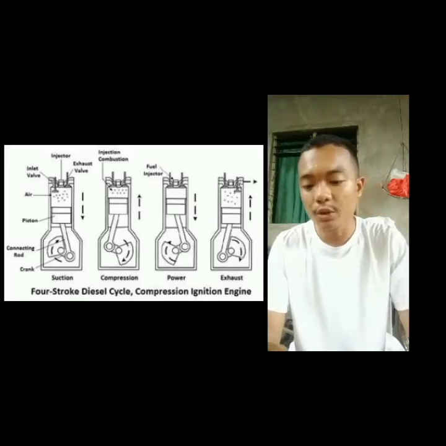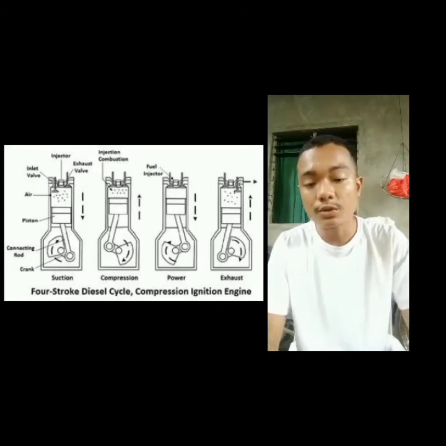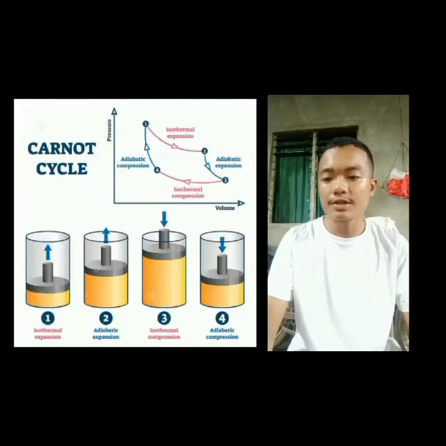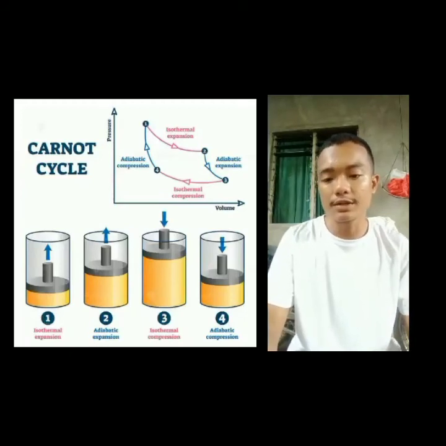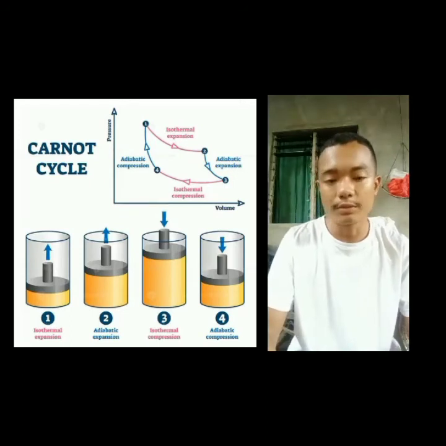In it, fuel is ignited by heat generated during the compression of air in the combustion chamber, into which fuel is then injected. This is in contrast to igniting the fuel-air mixture with a spark plug as in the Otto cycle engine. Carnot cycle. The Carnot cycle is the optimum cycle, and all cycles incline toward this optimum.